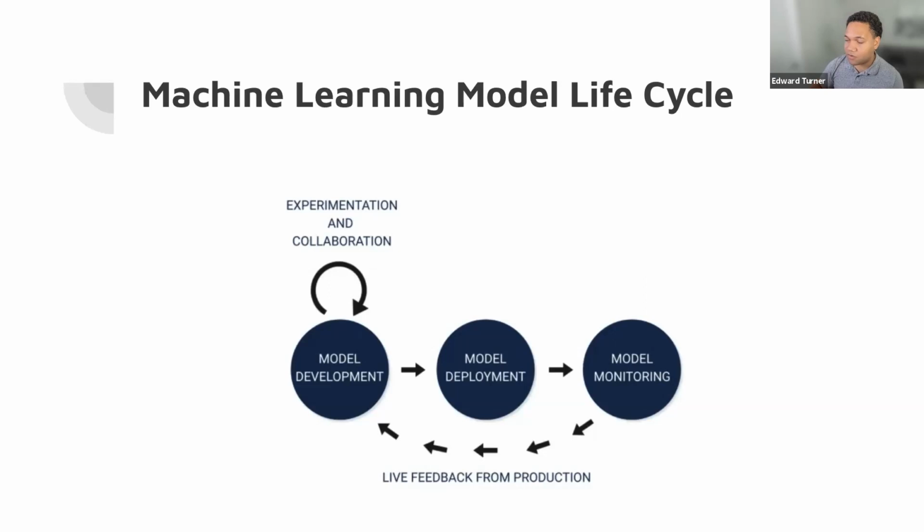You're going to develop your model, deploy that model, and then monitor and get some feedback from that model. That feedback could lead to model development, which could lead back into more experimentation and collaboration. But this loop could actually be closed, and we're going to talk about that.